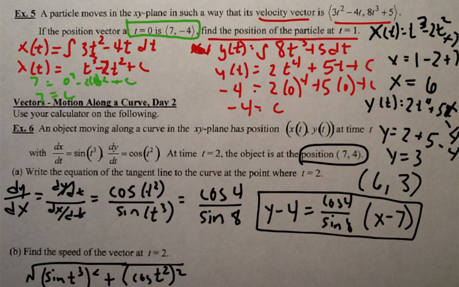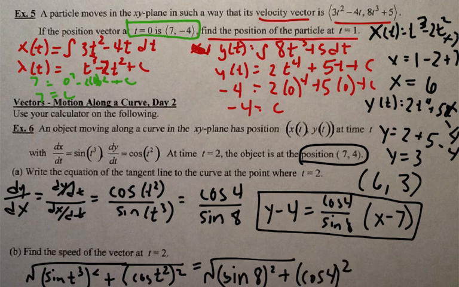So at time t equals 2, we're just plugging in the 2 for both of those time values, so that's going to be the square root of the sine of 8 squared plus the cosine of 4 squared. That would be an exact answer if that's what they wanted.